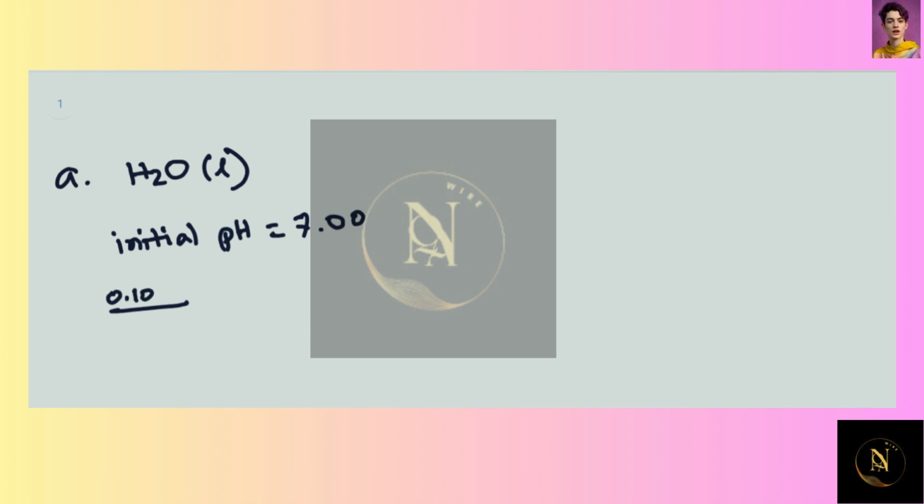0.010 mole of HCl over the volume, which is 0.500 liter, and then we'll have the concentration of the HCl as 0.020 M HCl.